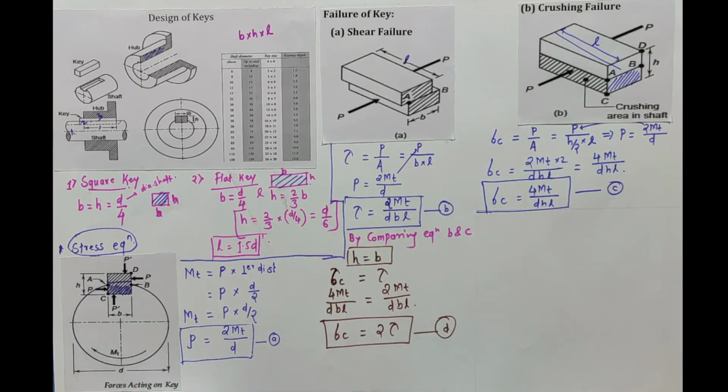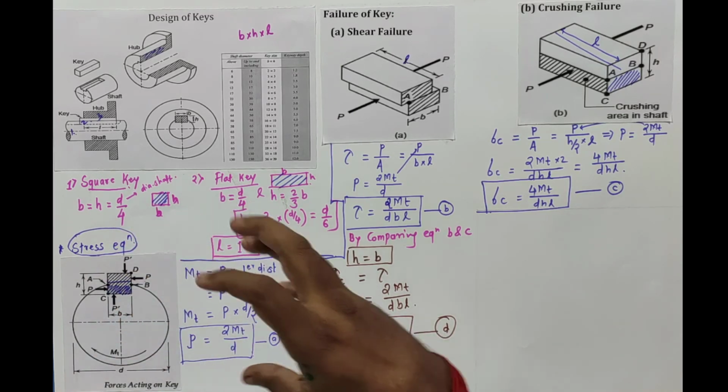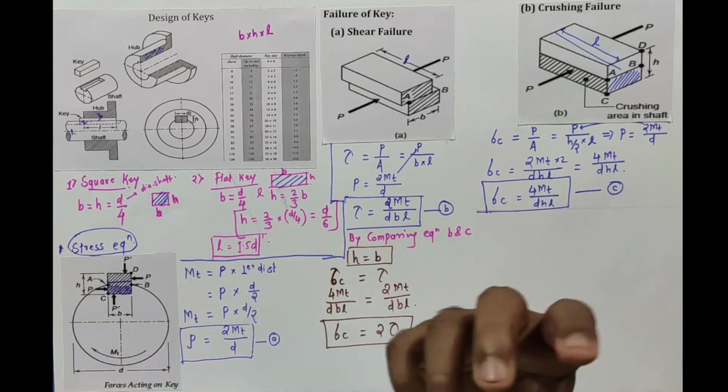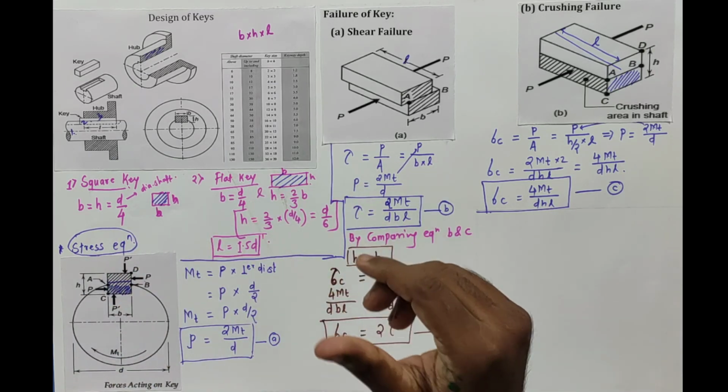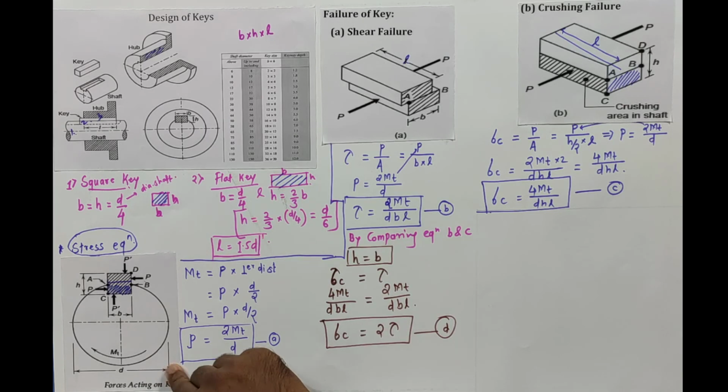So likewise we'll have to design a key. In this session we have seen what a key is, what the elements are, and what the types are. After that, in our syllabus, the important ones are the square and flat keys. Then we have seen the stress equations for the key. For that we developed the torque, and through torque we calculate the total force acting on a key.